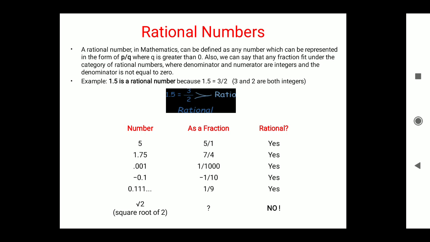If we talk about natural numbers, the counting numbers are known as natural numbers. If we talk about whole numbers, the counting numbers along with 0 are known as whole numbers. Always remember, students, all the natural numbers are whole numbers, but all the whole numbers are not natural numbers.